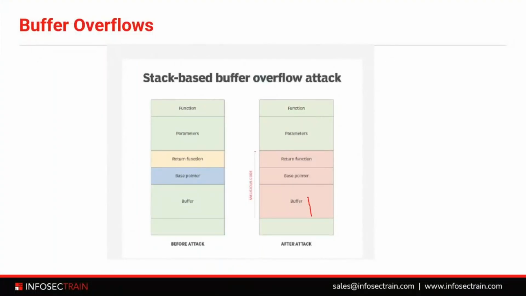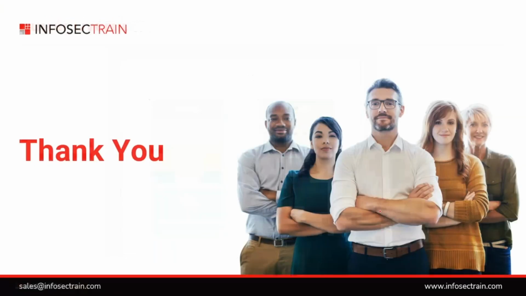You fill the buffer here, then the base pointer and the return function. You manipulated the return function and asked it to come back to the same place again. And then you gave your exploit code, which eventually gave you the access. So that was your buffer overflow, and that was it.